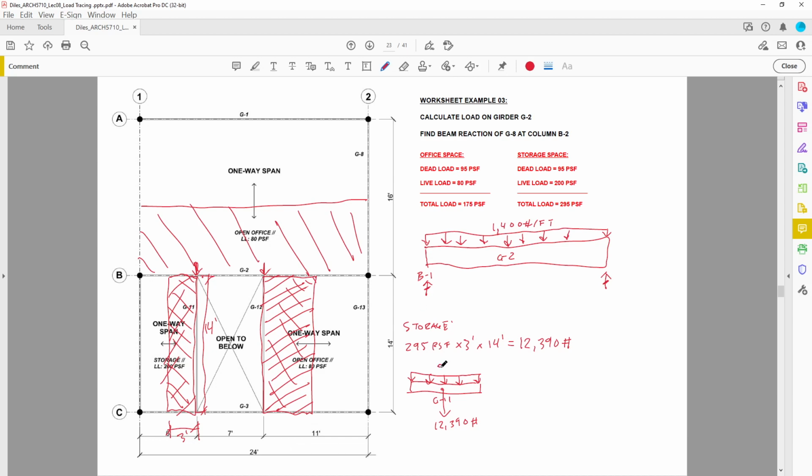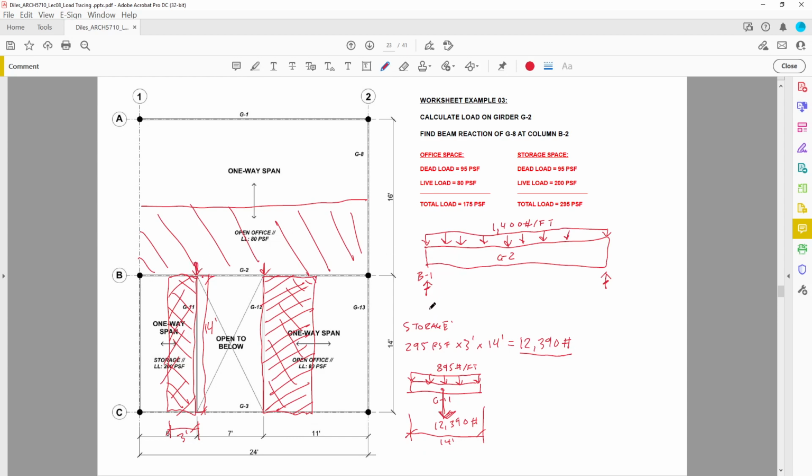So that would be 895 pounds per foot for the continuous load, right? And then if we multiply that 895 times the length of this, which is 14 feet, then we get this 12,390 pounds. And so we just jumped quickly to that value, right? Because we're trying to find out, okay, what is the point load dimension here?